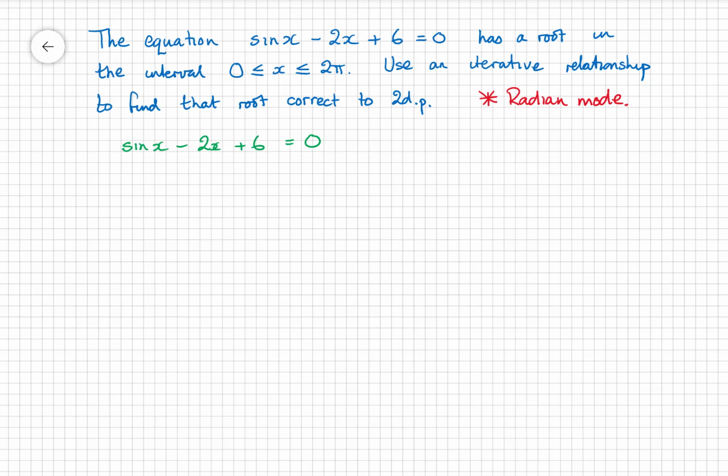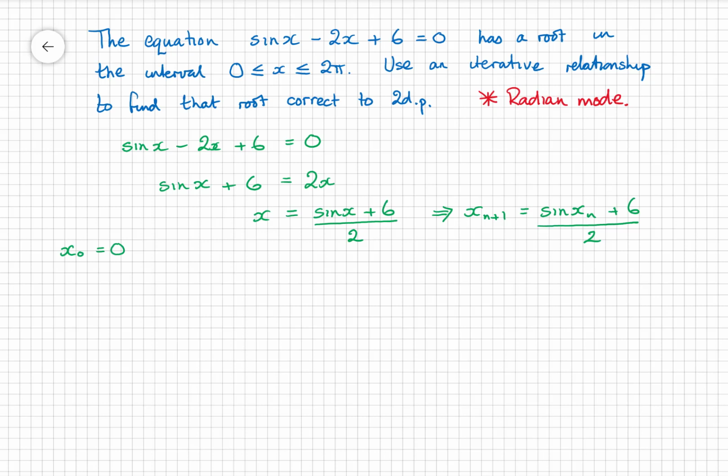So if I add 2x to both sides, I'll get sin x plus 6 is equal to 2x. Then I can divide by 2, so that x is equal to sin x plus 6 all over 2. So I've arrived at an x is equal to g of x situation, so I can now turn that into an iterative formula by saying that x n plus 1 is equal to sin x n plus 6 all over 2.